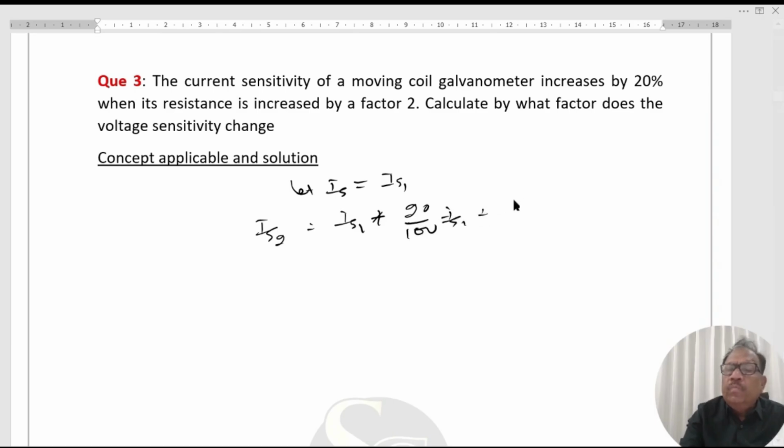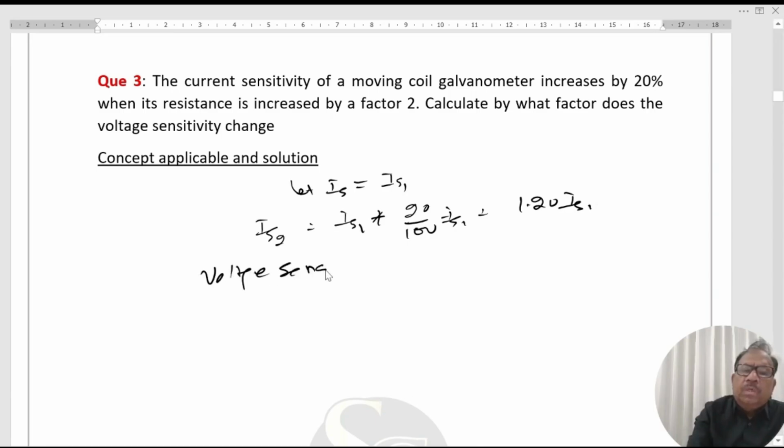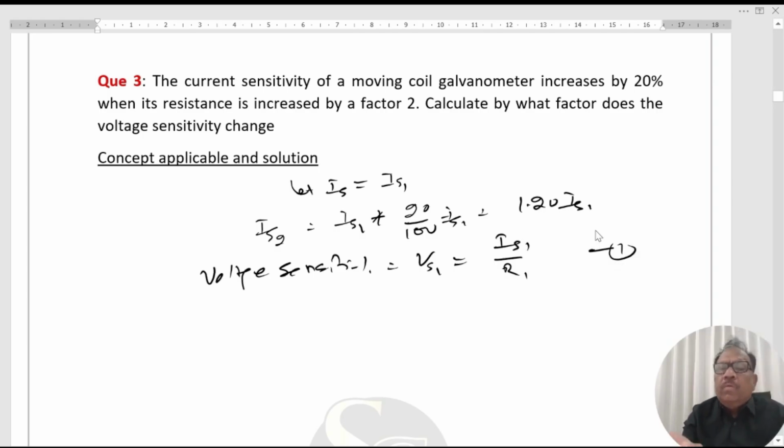This comes out to be 1.20 Is1 finally. Similarly, the voltage sensitivity Vs1 initially is Is1 over R. This is the equation. Now calculate Vs2.